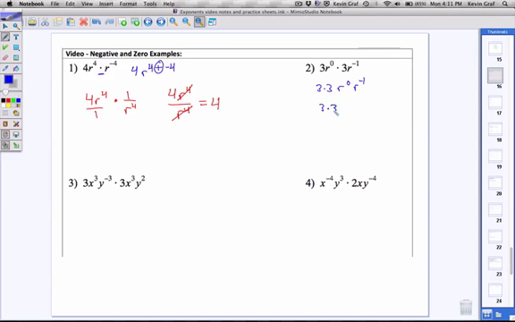So this is 3 times 1 times r to the negative 1, and I can turn this r to the negative 1 into a 1 over r. And then on the top, that leaves me with 3 times 3 times 1 times 1.